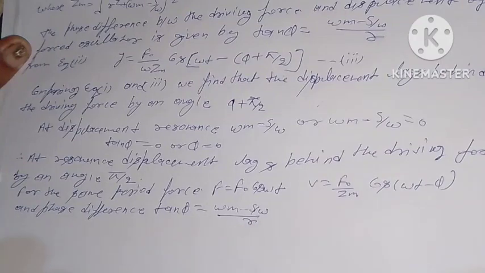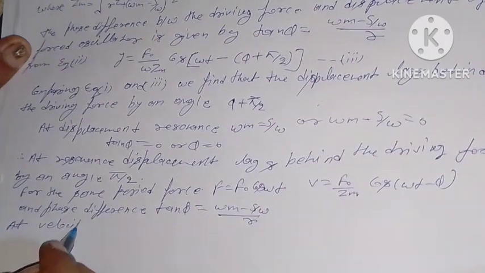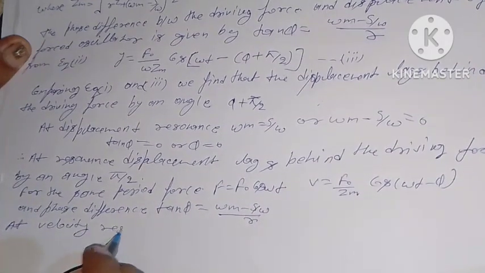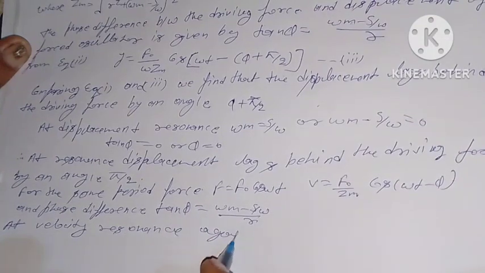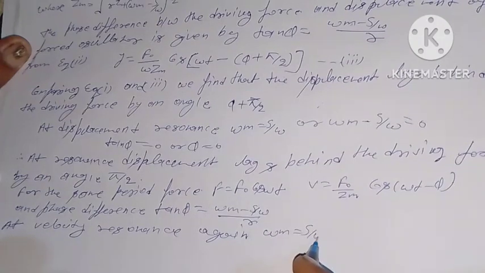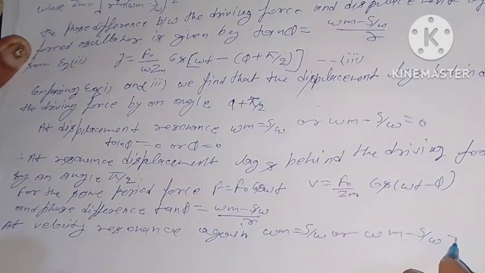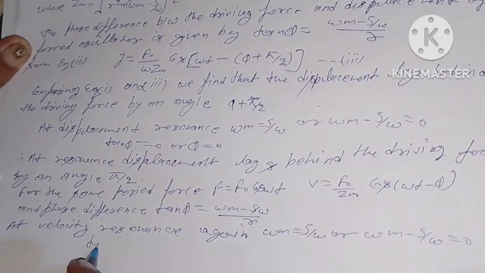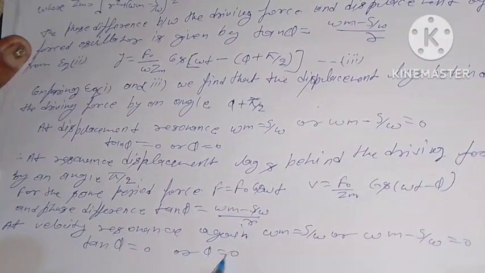At velocity resonance again, omega m equal to s by omega, so omega m minus s by omega equal to 0. Then tan phi equal to 0, or phi equal to 0.